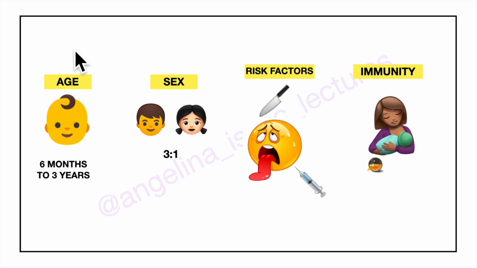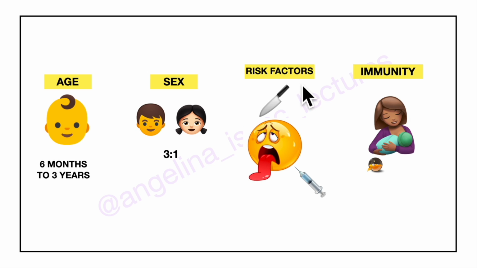So now let's learn about the host factors. First, looking at the age, poliomyelitis can occur in all age groups, but children are more susceptible than adults. And the age of 6 months to 3 years is when they are the most vulnerable. Next, looking at the sex, there is a ratio of 3:1 in males to females seen in the pattern of poliomyelitis disease.